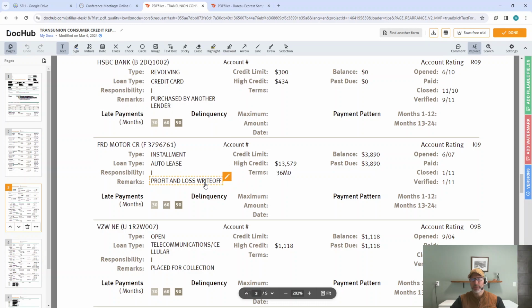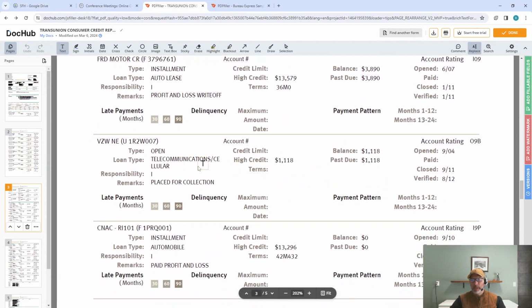They had to basically say, well, we're never going to get this money back, so we'll just write it off. The high credit was $13,579 for a term of 36 months. 36 months in the past was very common for car loans. They're getting more and more common to be between 5 years and 7 years. The balance was $3,890 when it was charged off, and it was past due $3,890.